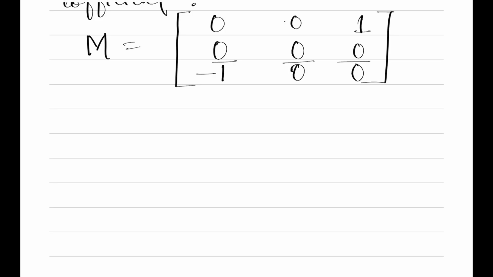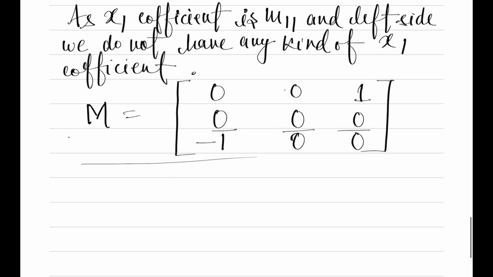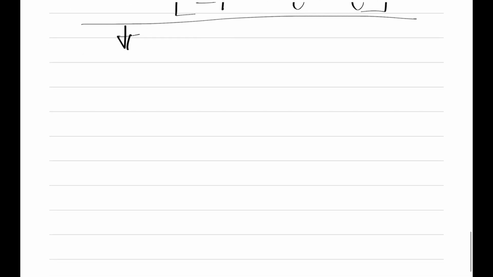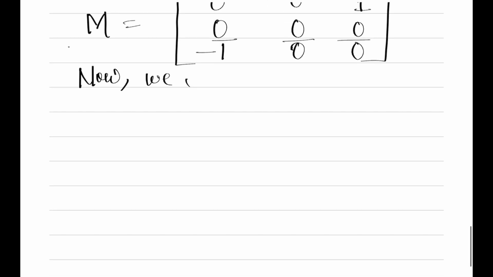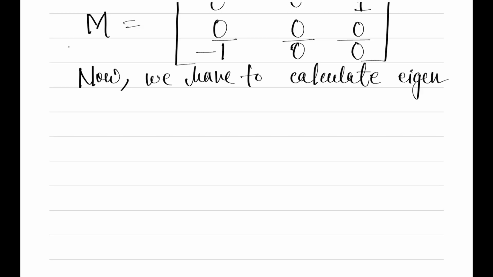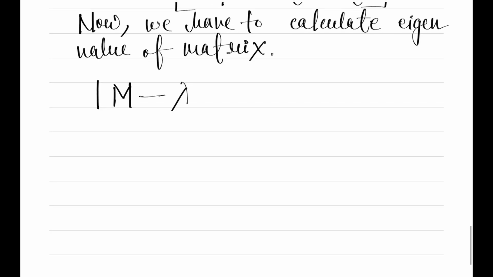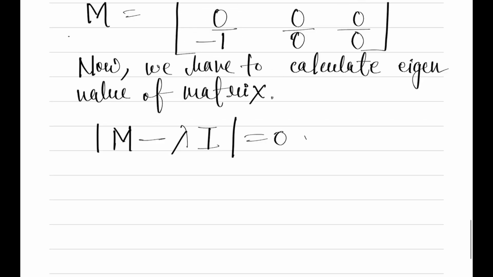Now we have to calculate the eigenvalues of matrix M. Finally, our M matrix: the eigenvalues come from M minus lambda I is equal to 0.